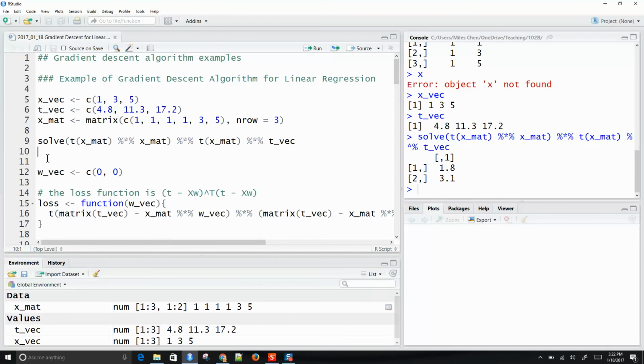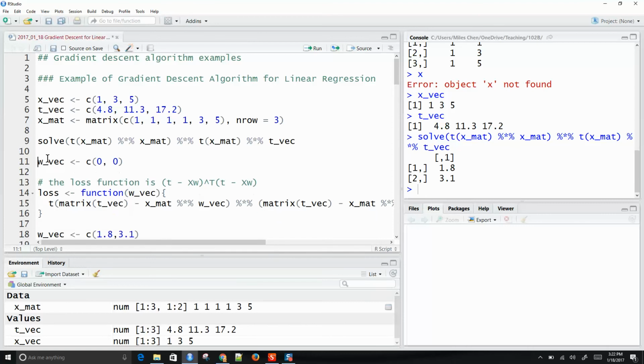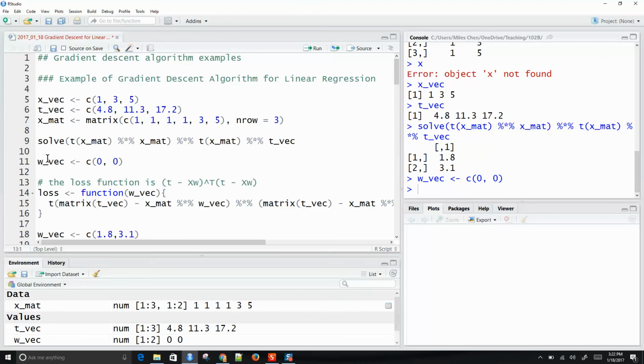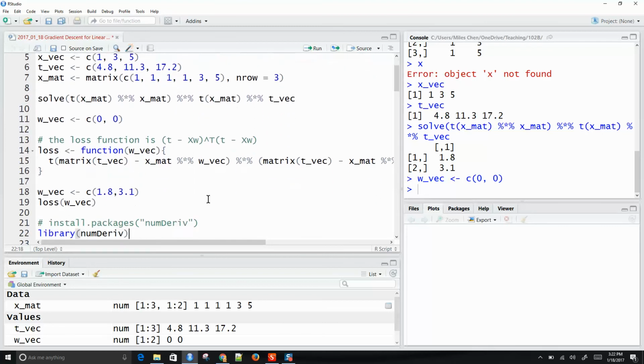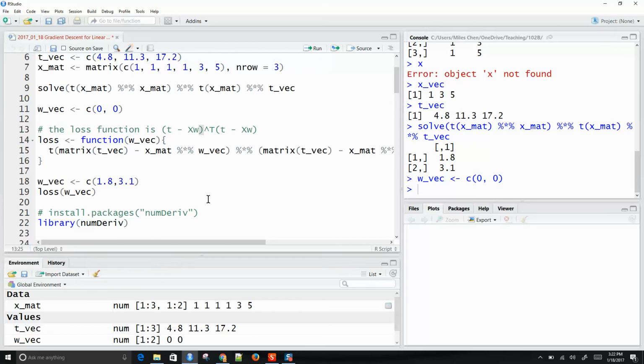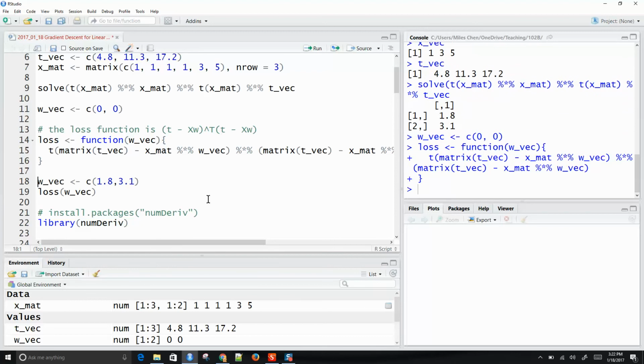So here, I'm just going to start off and say, here's a w vector we can start with. We'll use 0 and 0 as our starting slope and intercept. And then we can calculate the loss, okay? So the loss in vector form is t minus Xw transpose times t minus Xw. So here I'm doing the transpose of t minus Xw times t minus Xw. Okay, so this is the loss function of our current points.